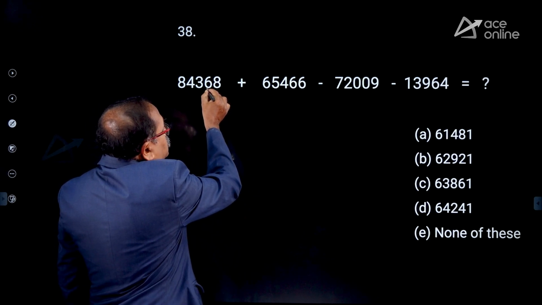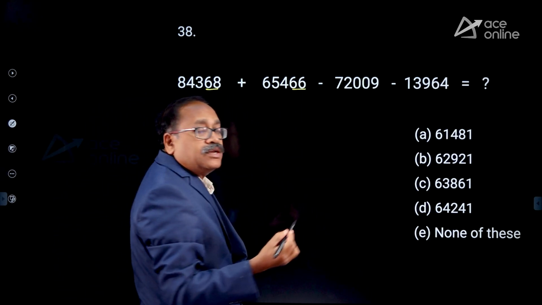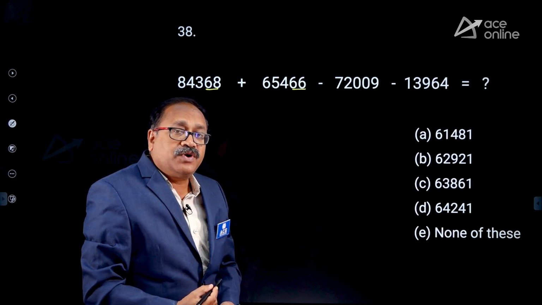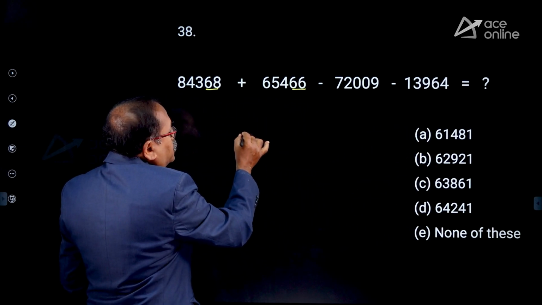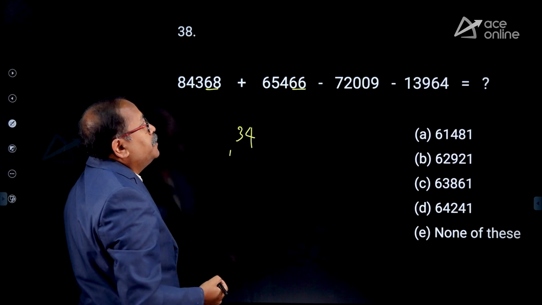So when I add this, 68 plus 60 is 128, plus 6, that's 134, and that's all. So 134, so I will take 34 over here, and the 1 is carry.